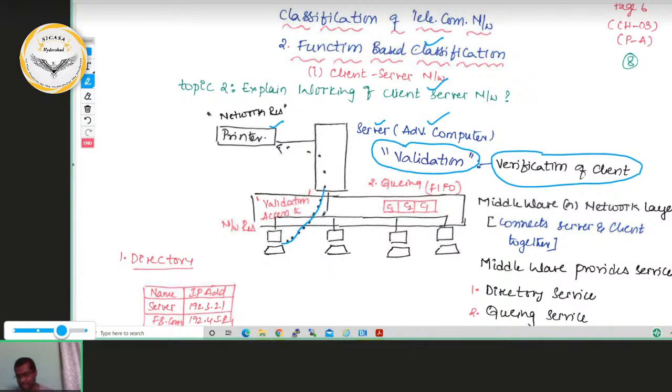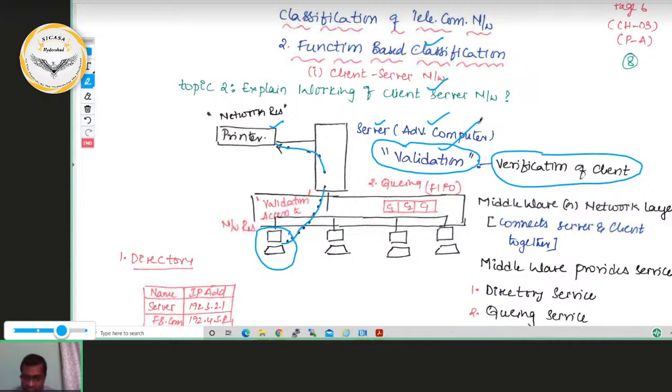It will ask the client to enter user ID and password. Once the client enters user ID and password, it will verify whether they are correct or not. If they are correct, then it will provide a connection to the printer so that the client can access the printer. So that concept is called validation. Validation is nothing but verification of the client, whether he is an authenticated user or not.